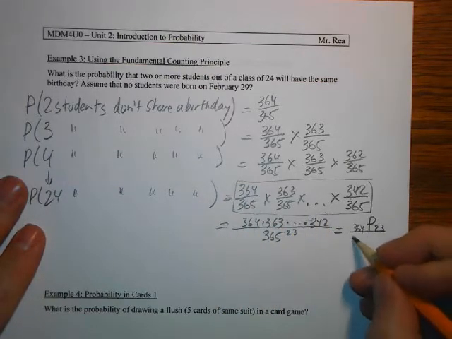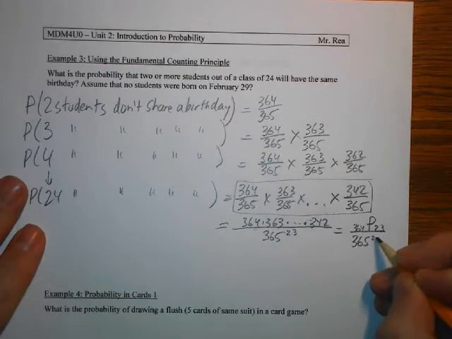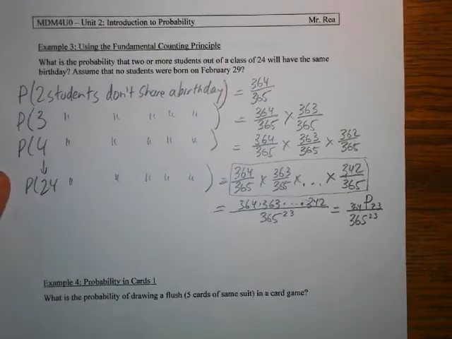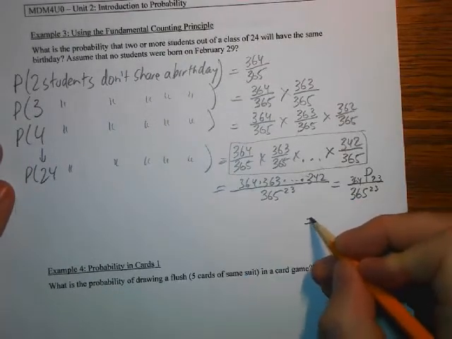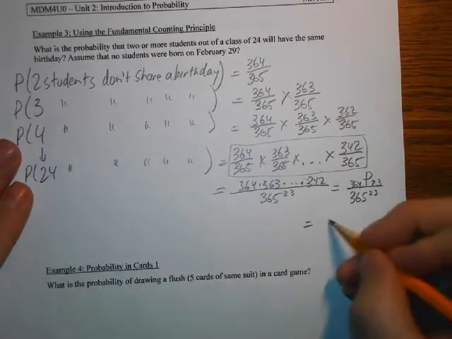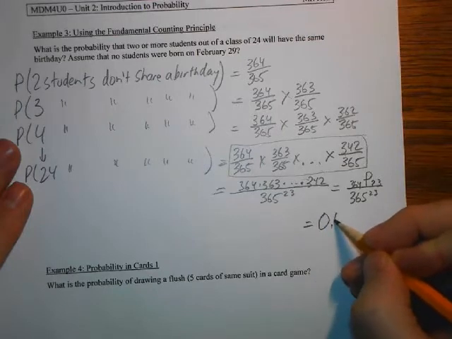And then the bottom's still the same. Now, I'm not going to worry about how to calculate that. If you did calculate that, you would get this number, 0.493.